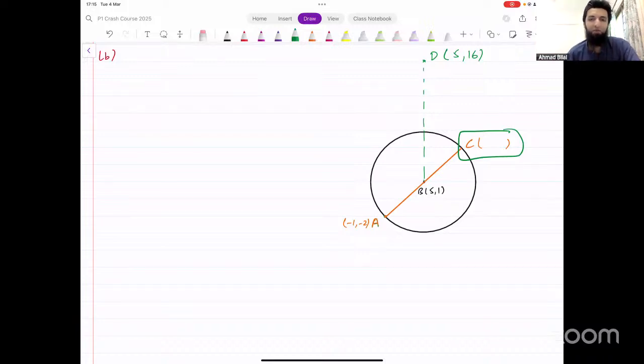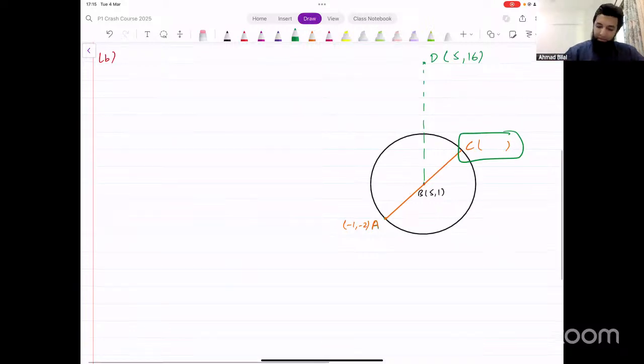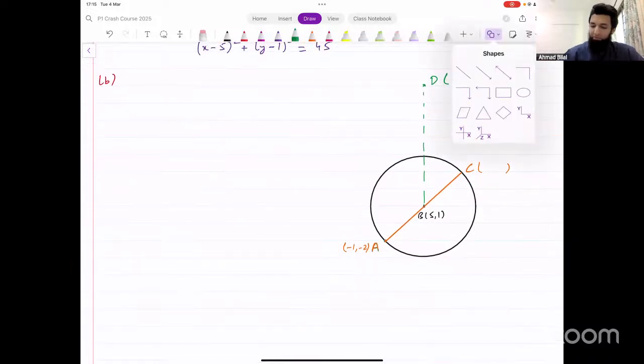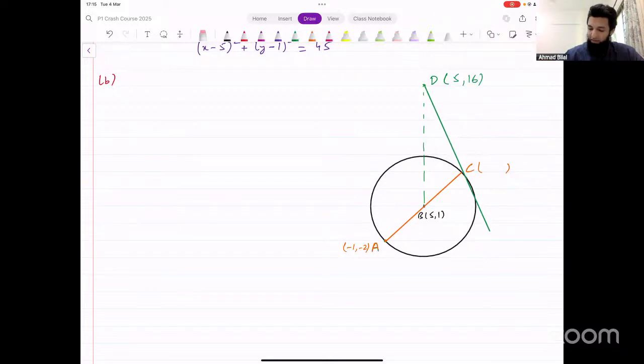We know that it lies on the circumference. So all we need to do now is show that if DC is a tangent, and we were to draw a line like this, then this line should be perpendicular to the radius. That's what we need to show.